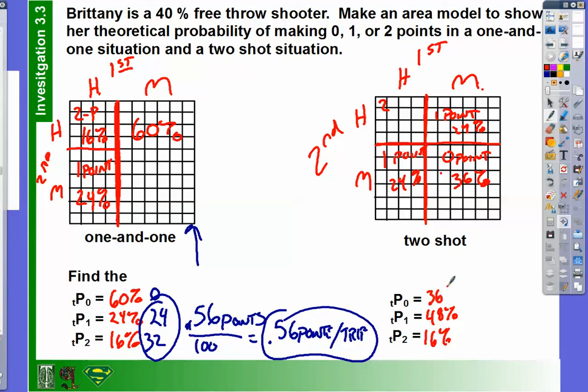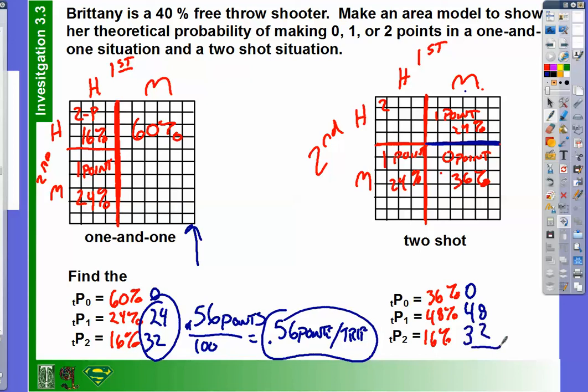So when I take a look at my expected value, the big part is this line right here, because if I miss my first shot in a 2-shot situation, I get to take my second shot. So if I get 0 points 36 out of 100 times, that's going to give me a big fat 0. If I make 1 point 48 times, that's going to give me 48 points. If I make 2 points 16% of the time, that's going to be 32 points.